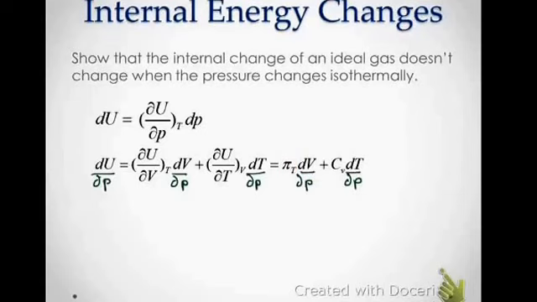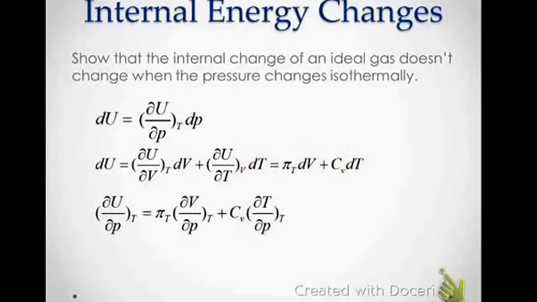So to get dU/dP at constant T, we can treat this more or less algebraically. What we're going to do is take this basic equation and divide through by dP, so that on the left we get dU/dP. Then we divide through by dP, and we're going to end up with dV/dP and dT/dP here. So we're actually generating some additional partial derivatives as a result.